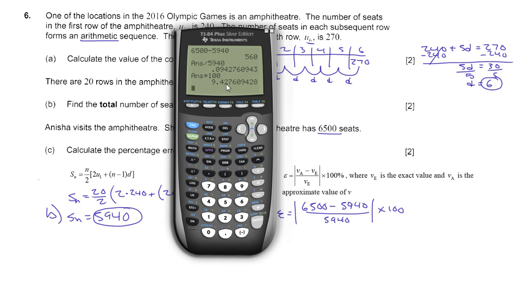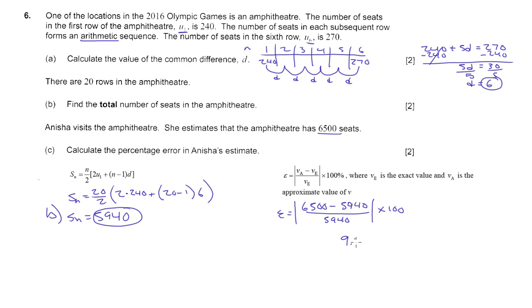The third significant digit in this is the 2. The 7 tells the 2 to get bigger, so it's going to be 9.43. So we got 9.43, and it says percent, and it even says the percentage error. So 9.43% is going to be our percentage error.